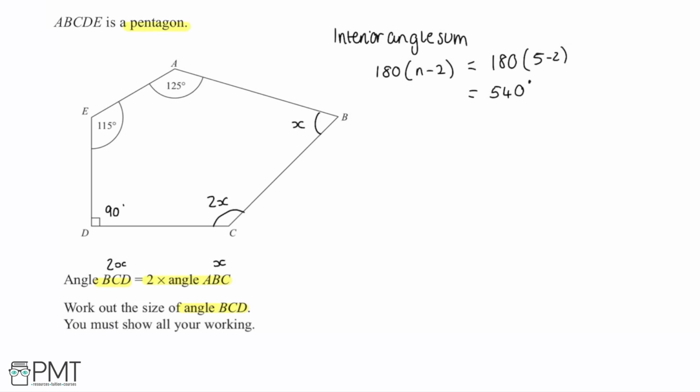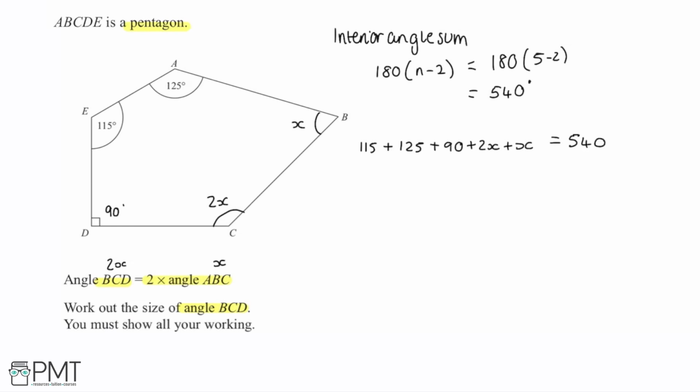And then I can simply write this up into some kind of equation. So if I sum together all of the interior angles, so 115 plus 125 plus 90 plus 2x plus x, that's going to give me an answer of 540.